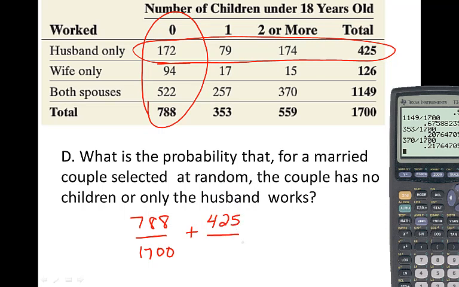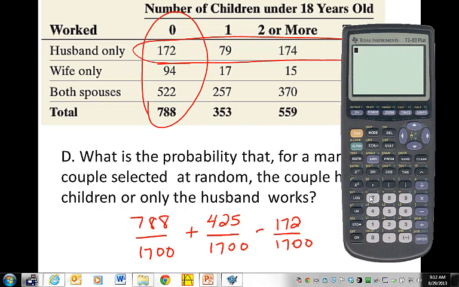divided by 1,700. But what have I done if I add those up? I've double counted this 172. The husband only worked with 0 children, so I've got to subtract out one of those. So I've counted that twice. We can use our calculator here.